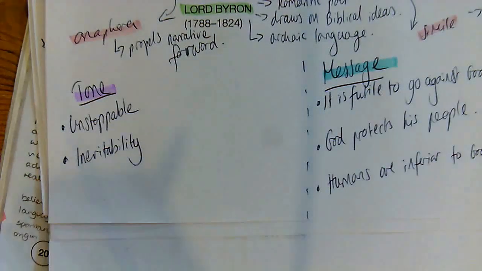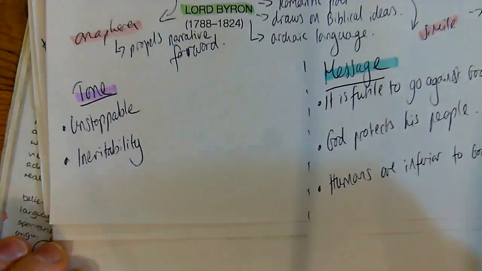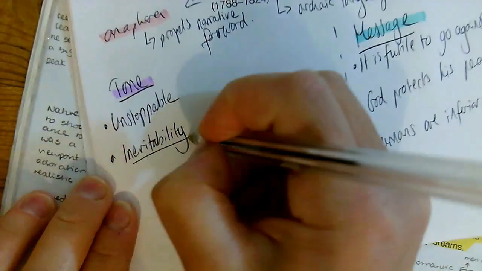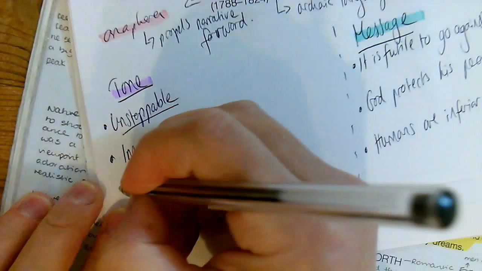How great the fall of those, like the higher you are, the greater the fall. It's like when politicians are caught out doing something wrong, it makes the headline news, whereas it doesn't really make the headline news if you forget to hand in an essay, because you're not someone of high status. But if a politician makes a big mistake, it's like how great the fall is of those people who set themselves up as being really great. So there's an inevitability here, and the title helps us with that.